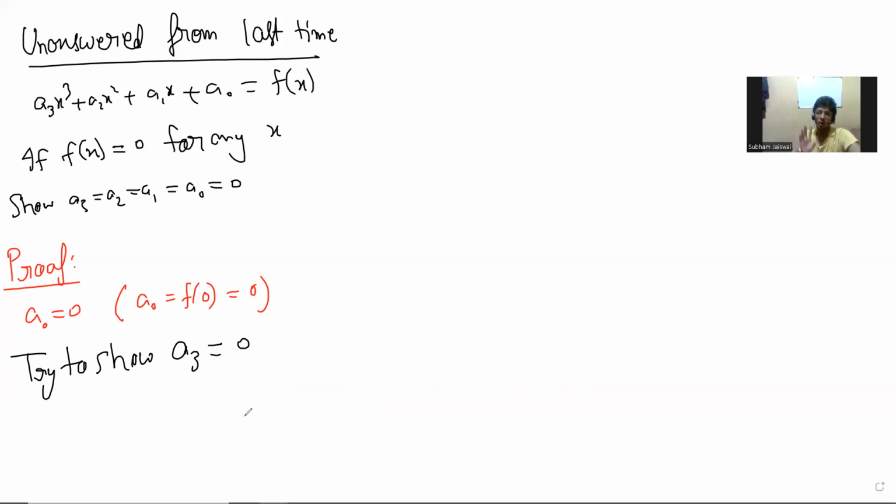Once you show a3 is 0, the problem is done, because a2 being 0 can be shown in the exact same way, I suppose. And there is a very simple reason why a3 must be 0.